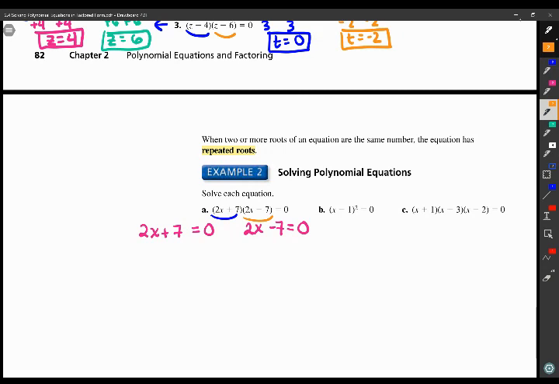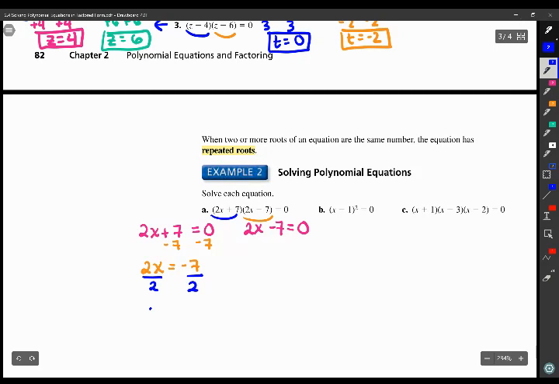So this is, for solving for x, the first step is to get rid of plus 7. And then our next step is to get rid of the 2 in front of the x. So we're going to divide. And so that's one solution.